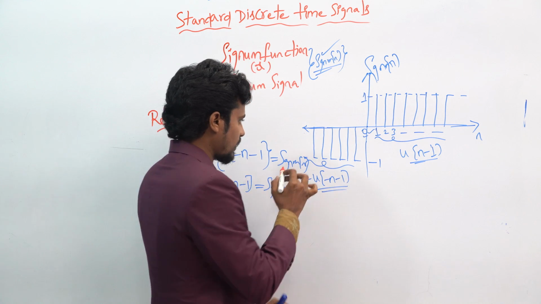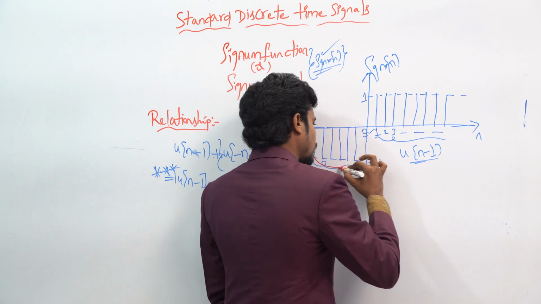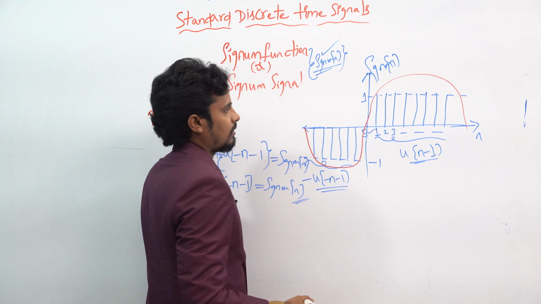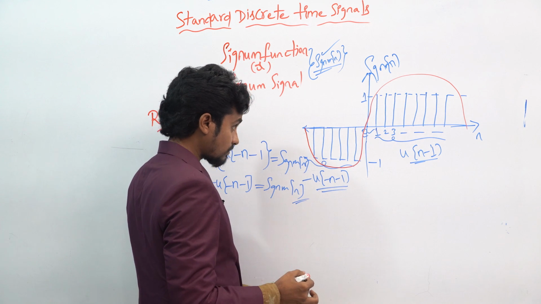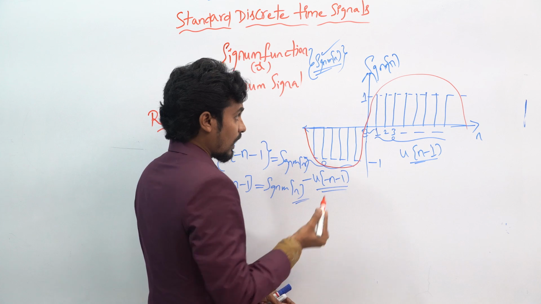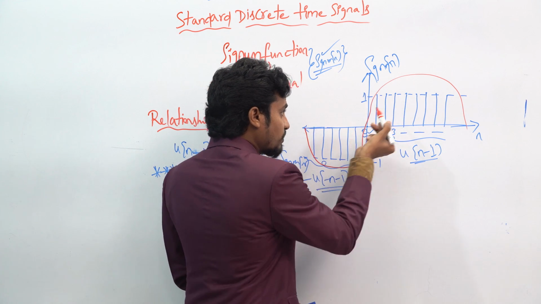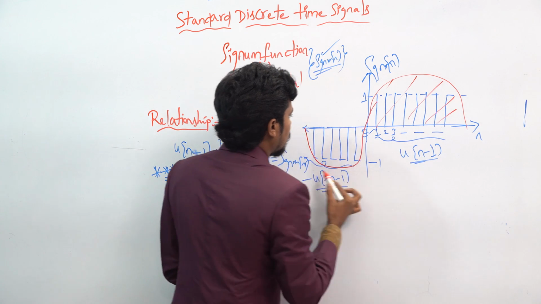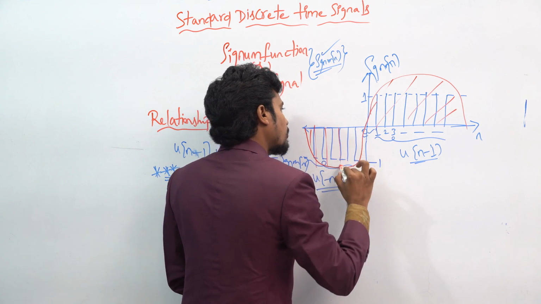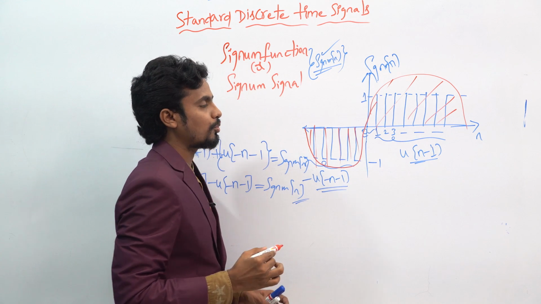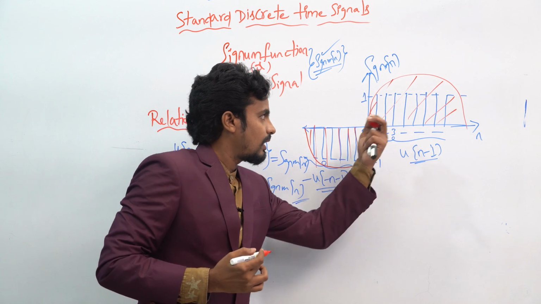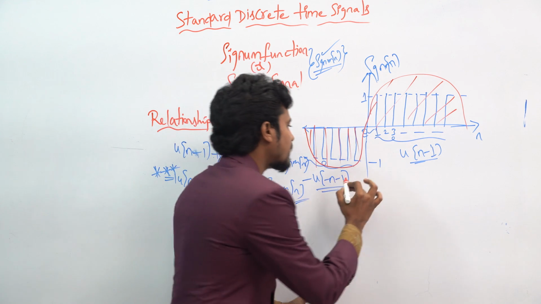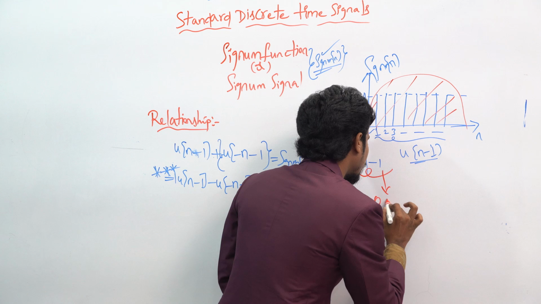So for example, you have to draw it like this. What will happen here in this case? These both areas will be opposite, right? So this area and this area will be opposite, right? If in the waveform you find the areas are opposite like this, blindly you can say this function is an odd function.